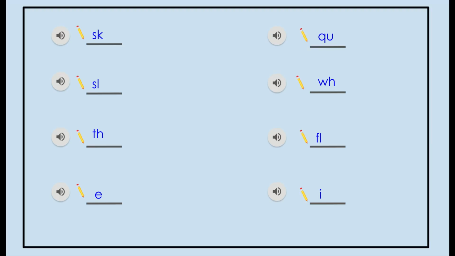Let's check your answers. Ready? The first sound was made by the letter pair SK. The second, QU. The third, SL. The fourth, WH.